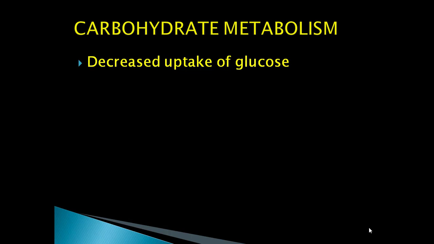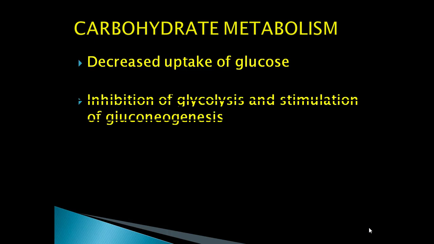So there is more glucose in blood. There is also inhibition of utilization of glucose via glycolysis. So there is defective uptake and inhibition of utilization. At the same time, there is also stimulation of glucose synthesis.